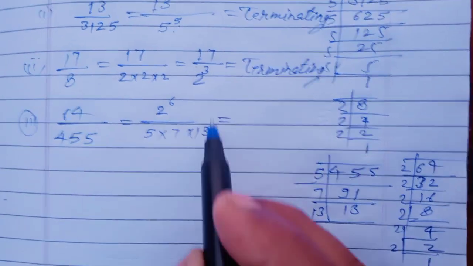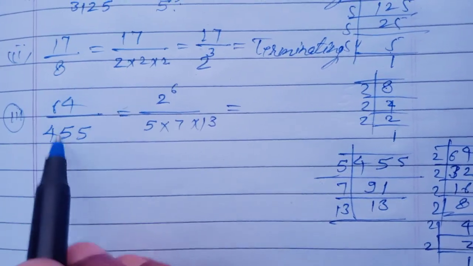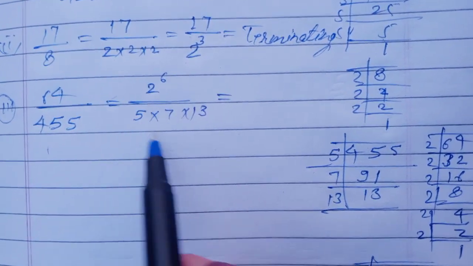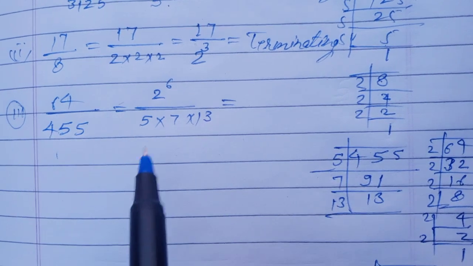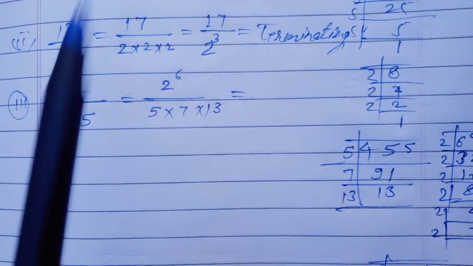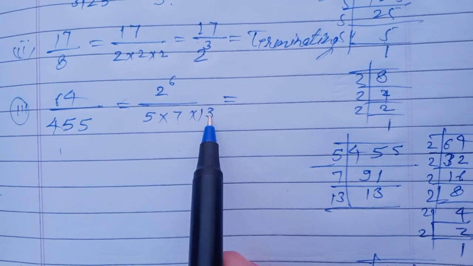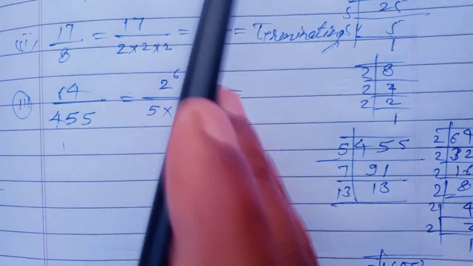Here there is no common factor in numerator and denominator, so these are co-primes. Now the prime factorization of the denominator is not in the form of 2 power n 5 power m, because there are two other prime numbers, 7 and 13, except 2 and 5.